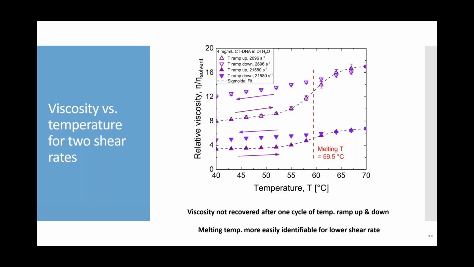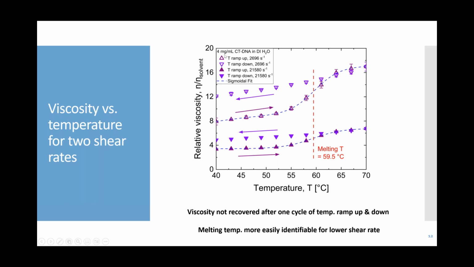So we performed temperature sweeps for DNA samples. And this plot here is showing you the relative viscosity versus temperature for one concentration of DNA, 4 mg per ml.